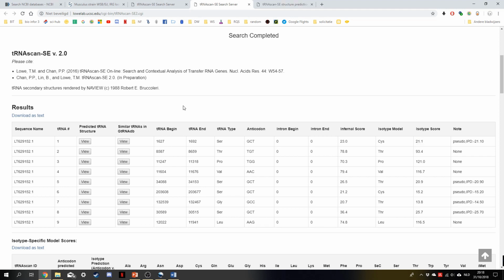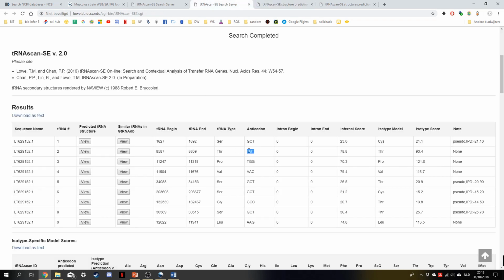After that, we can have a look at the isotype. So there were two ways to identify the isotype. The first way was by usage of the anticodon. The anticodon was located by using the secondary structure, which can be viewed here.